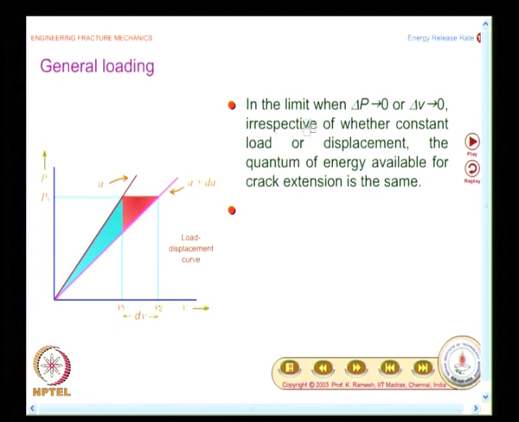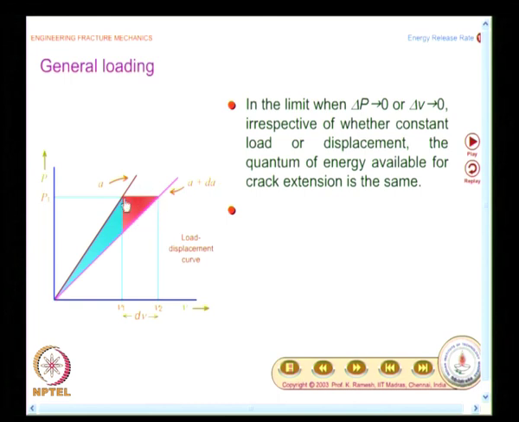In the limit, what do we want? Delta P tends to 0 or delta V tends to 0, irrespective of whether constant load or displacement. The quantum of energy available for crack extension is the same from a mathematics point of view. What will happen? You will find dV is small, dP is tending to 0 and dA is also tending to 0.